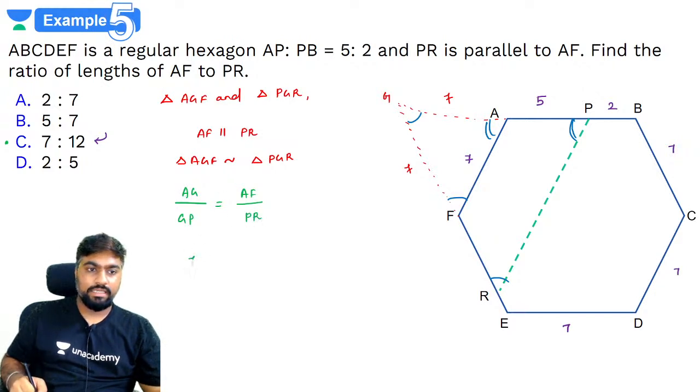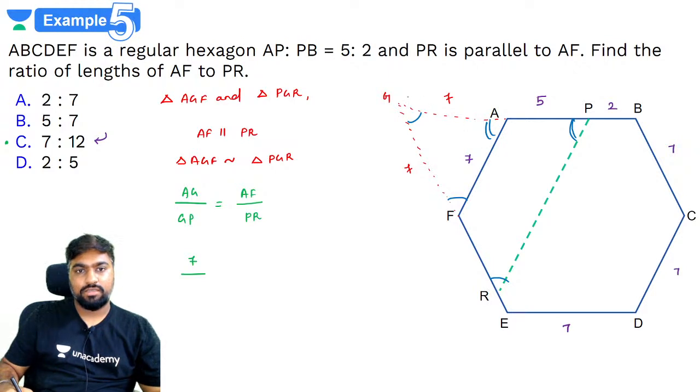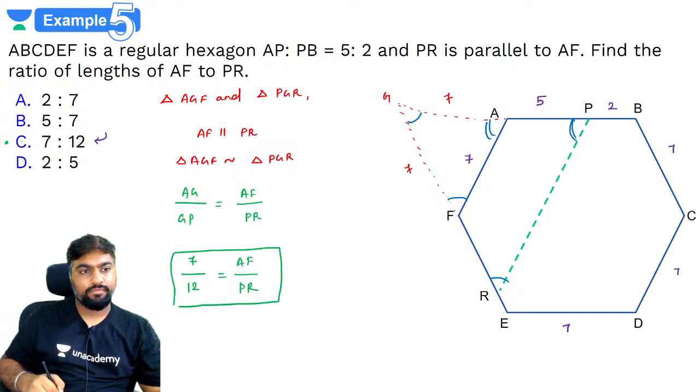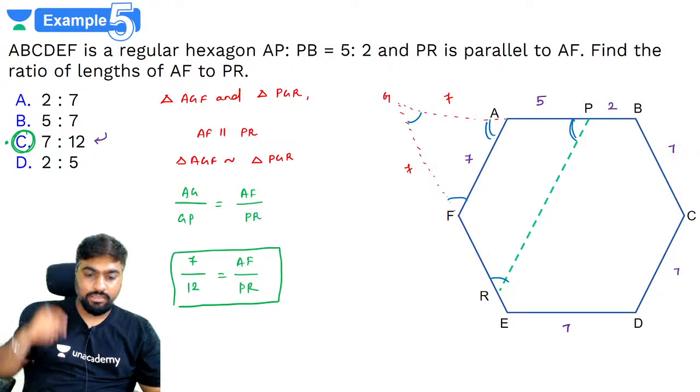AG is 7, GP will be what? 7 plus 7 plus 5, 12. So this will also be 7 by PR, right? AF by PR, which is what? 7:12. Got it?